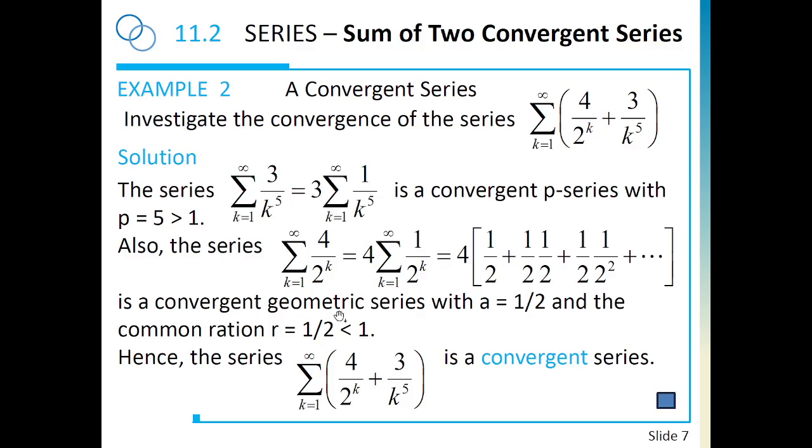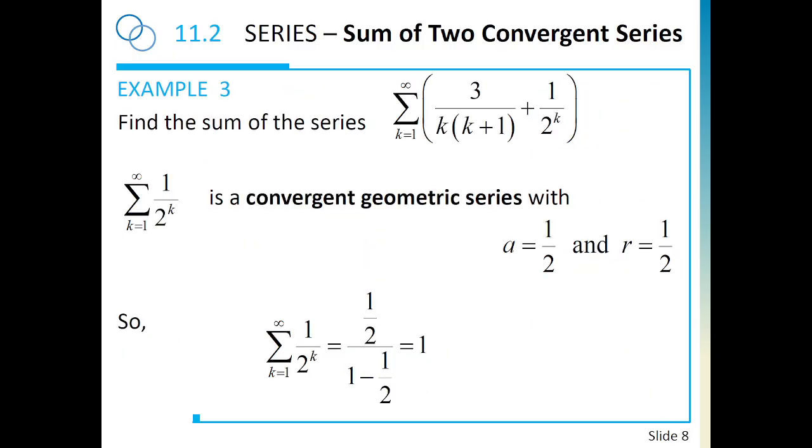That means that our geometric series is convergent. If I multiply a convergent series by a number, I get a convergent series. So I have two convergent series. If I add their general terms, I get a new series that is convergent itself. That's what the theorem told us.